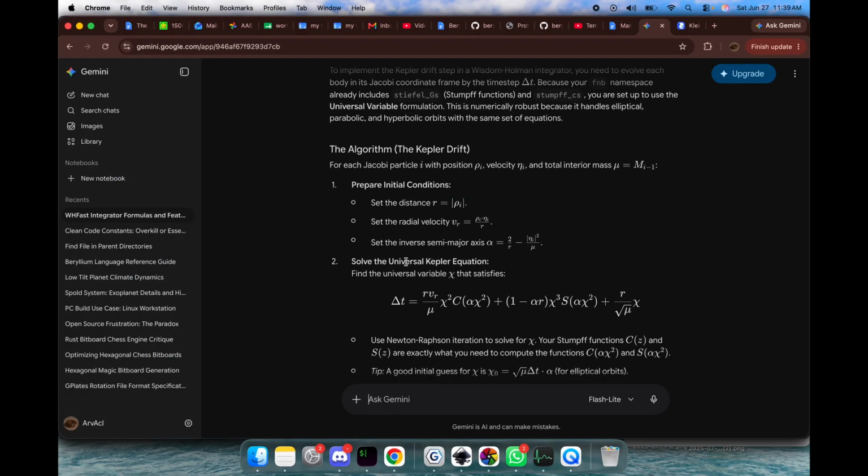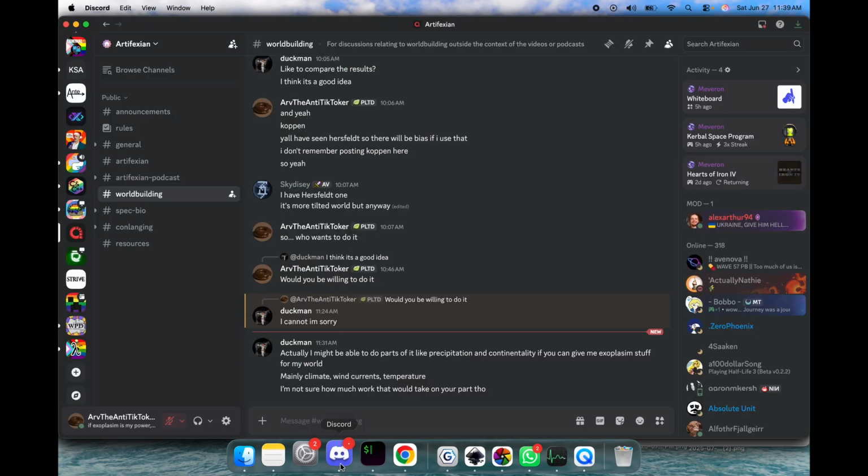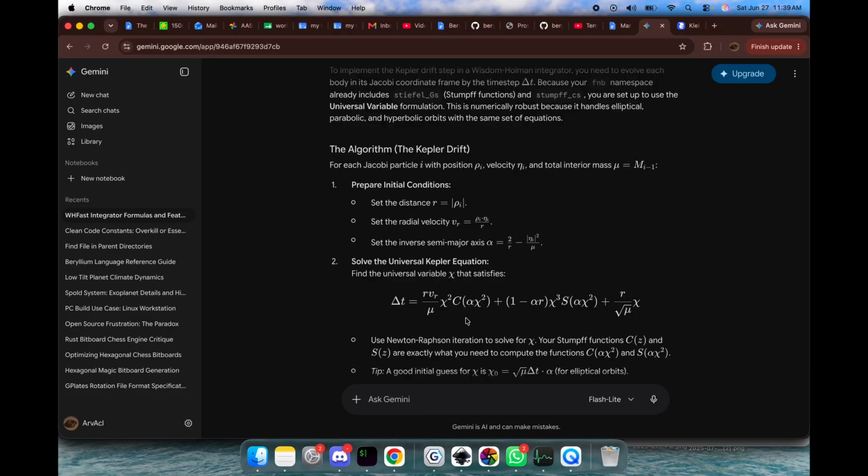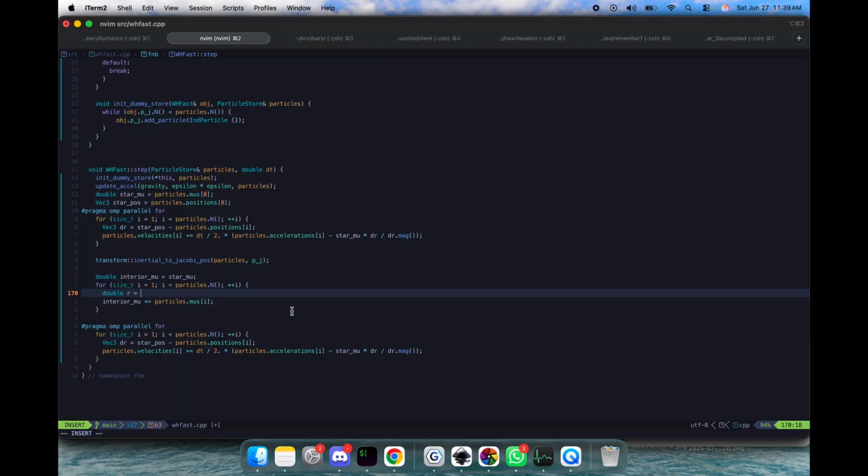So now our interior mass, set distance r to equal that. Oh my, too much rust. So double R should equal particles dot positions index i dot mag.